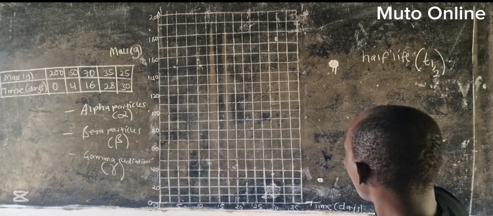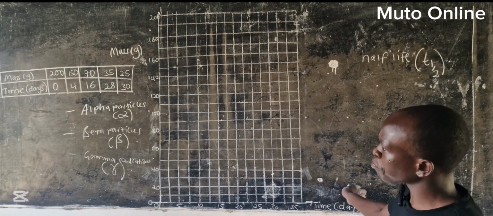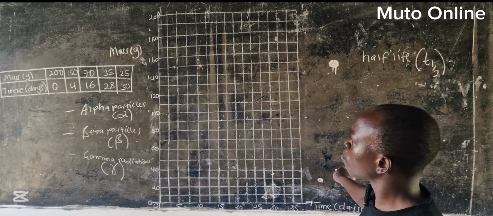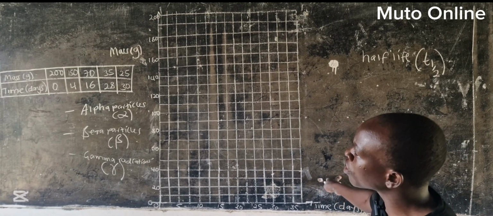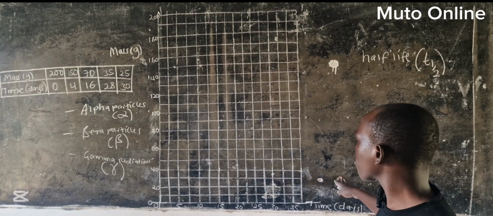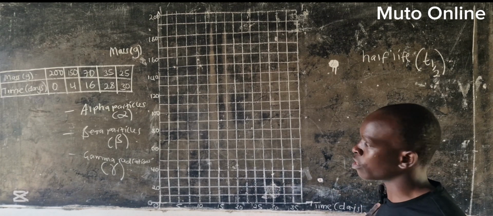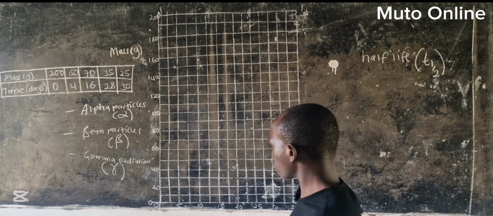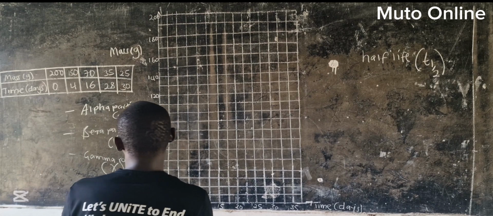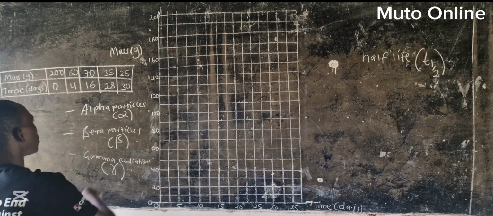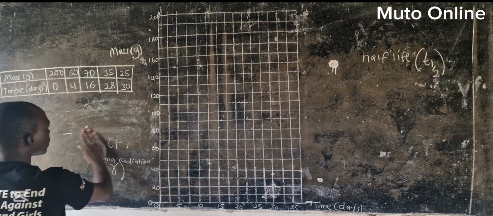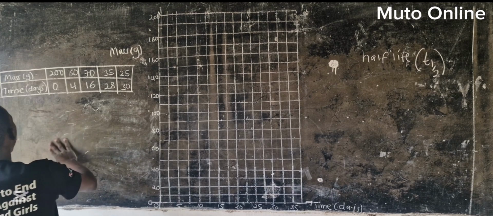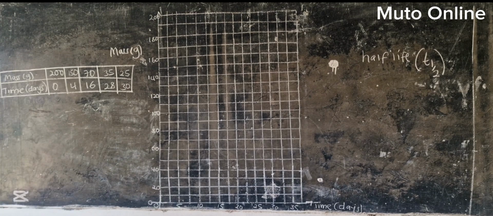Now, we have a graph here. We are going to plot a graph of mass against time, where time is in days. The initial mass was 200.